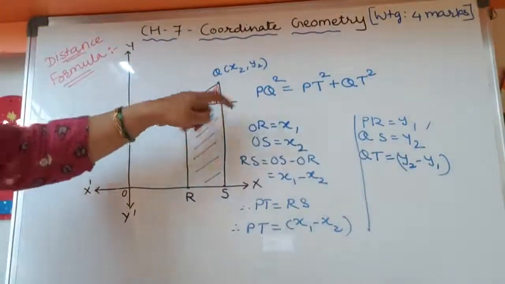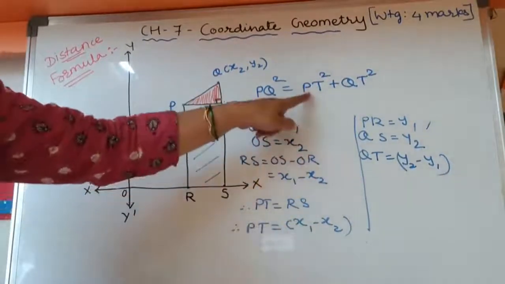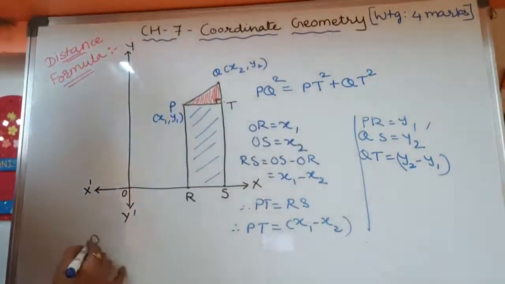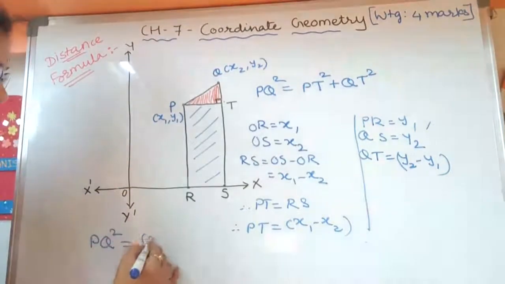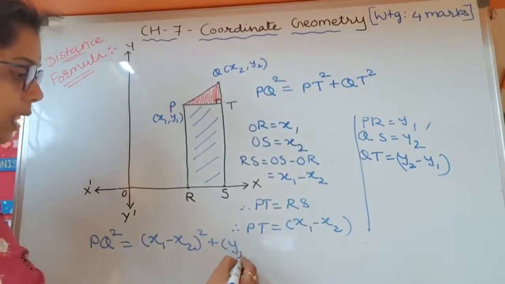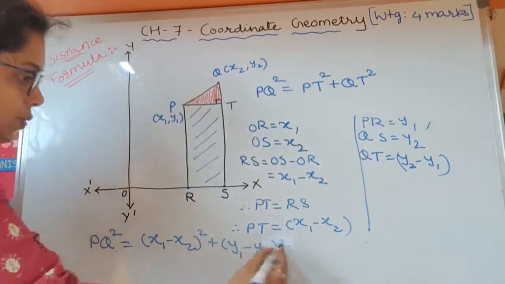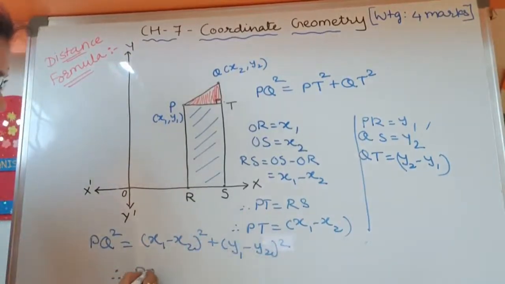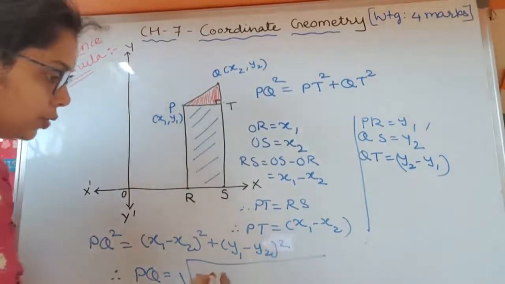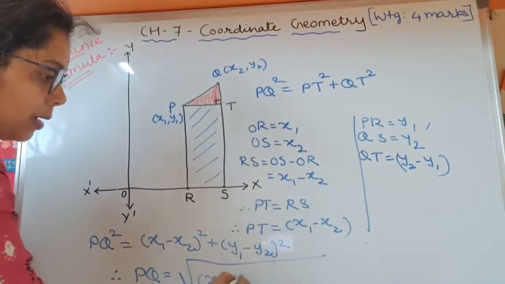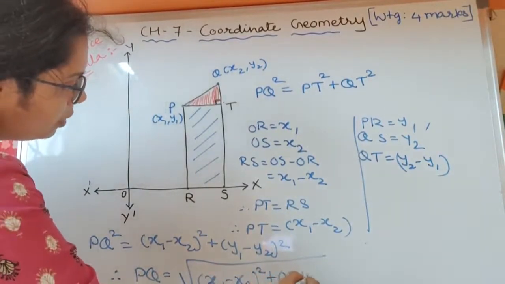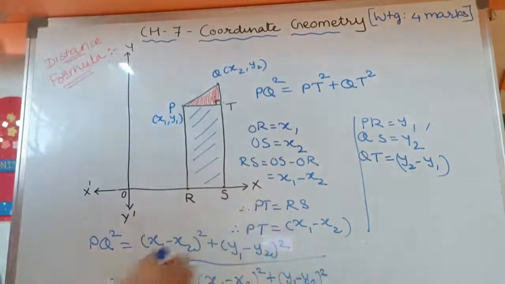So we have both the values QT and PT, and we can substitute. So we get PQ square is equal to x1 minus x2 whole square plus y1 minus y2 whole square, and therefore PQ is equal to the whole under root of x1 minus x2 whole square plus y1 minus y2 whole square.